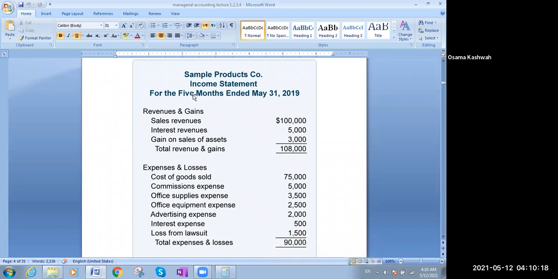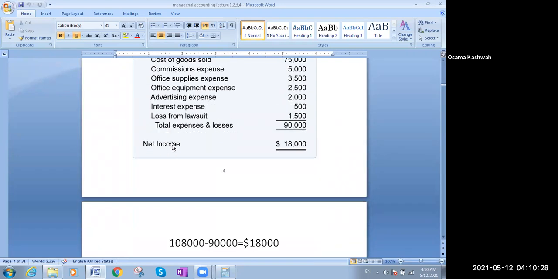So the income statement is a record of your revenues and your expenditures. And the difference between them will give me at the end the net income.